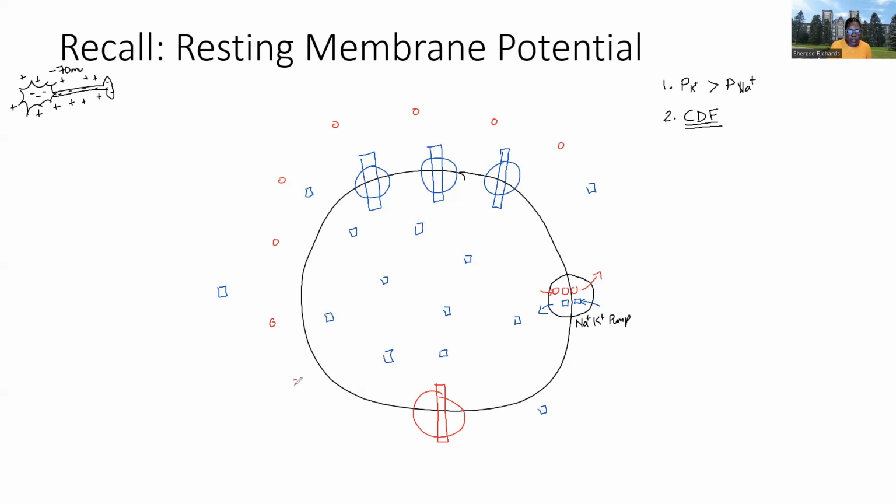So there's lots of sodium on the outside and very few on the inside. Let's establish that here. So potassium now has a concentration gradient that wants to move it into the cell, whereas sodium has a concentration gradient that wants to move it out of the cell.